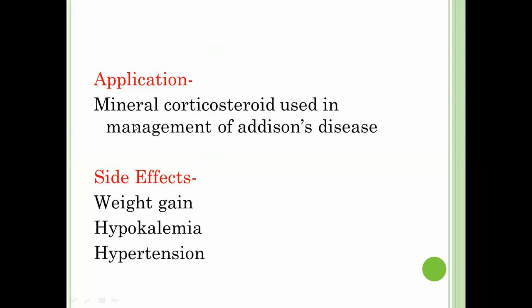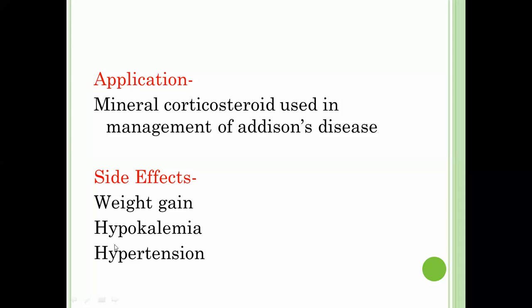It occurs when this gland does not produce enough amount of hormone. Addison's disease means it is a disorder of which gland? The adrenal gland. It occurs when the gland does not produce enough amount of hormone. At that time Addison's disease occurs.